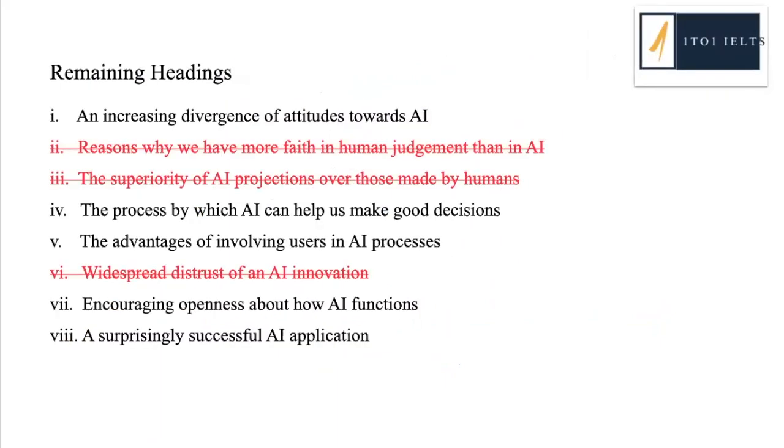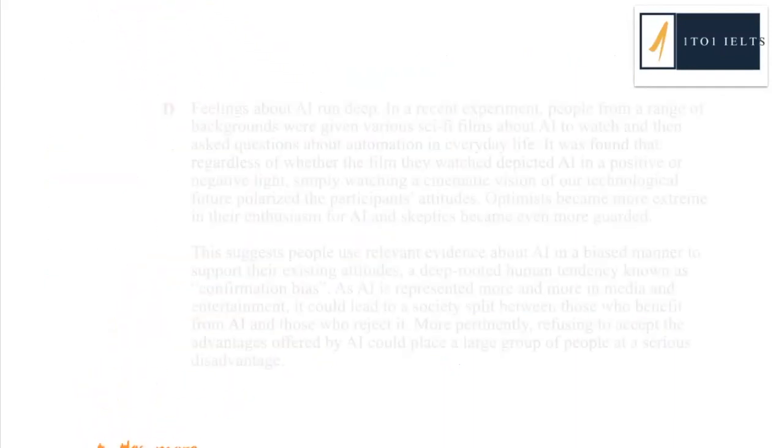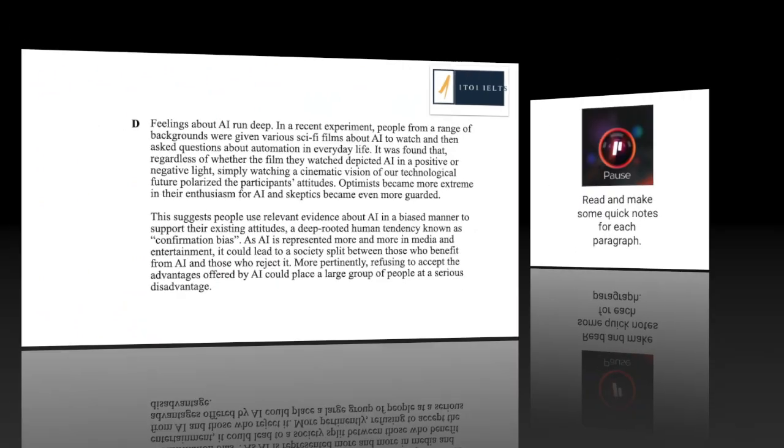So once again, these are your remaining headings. Section D looks like this. Pause the video, read the remaining paragraph, and make some notes, and then compare them with mine. Pause the video now.